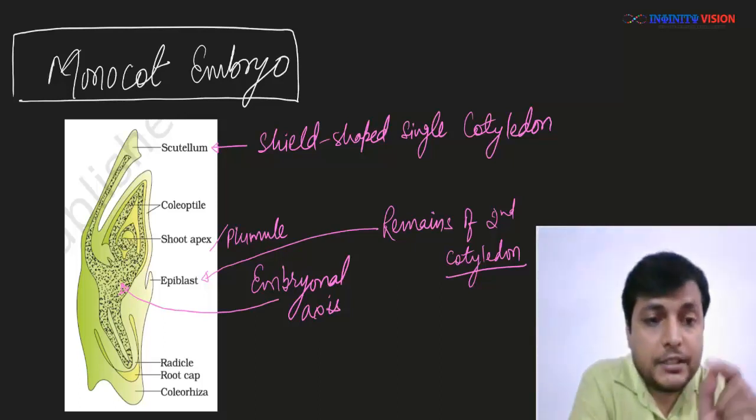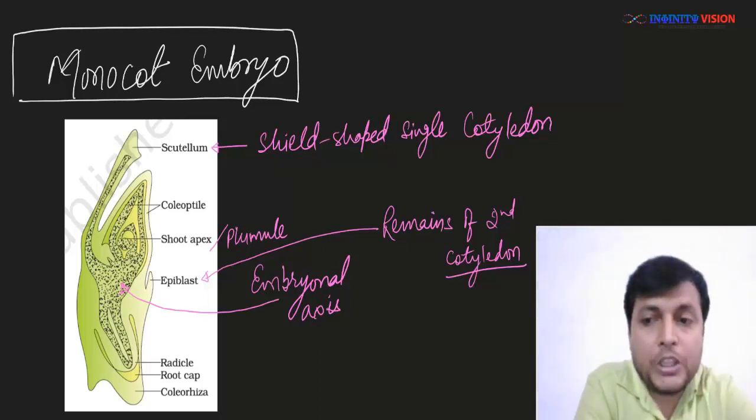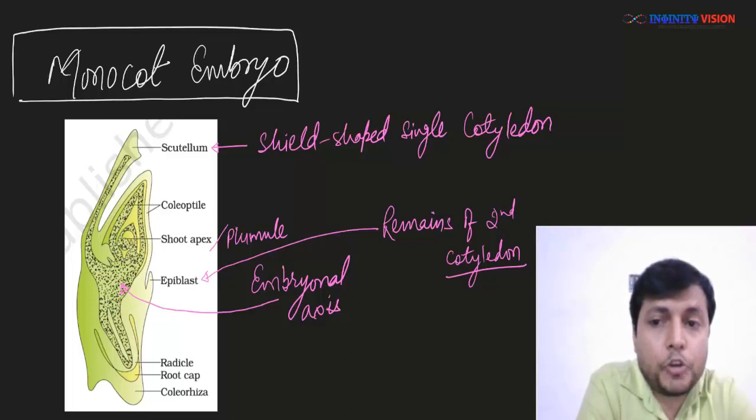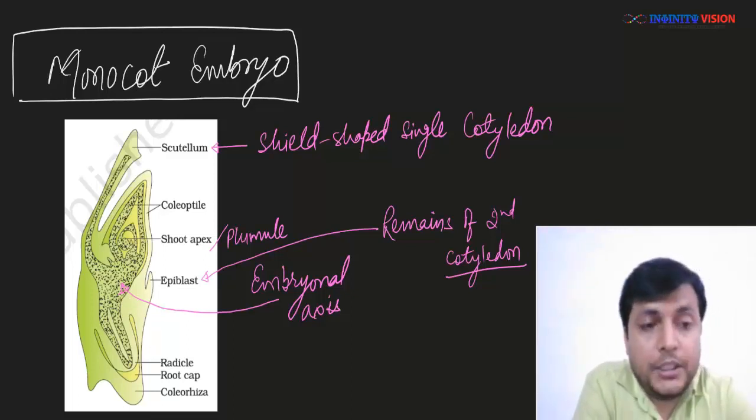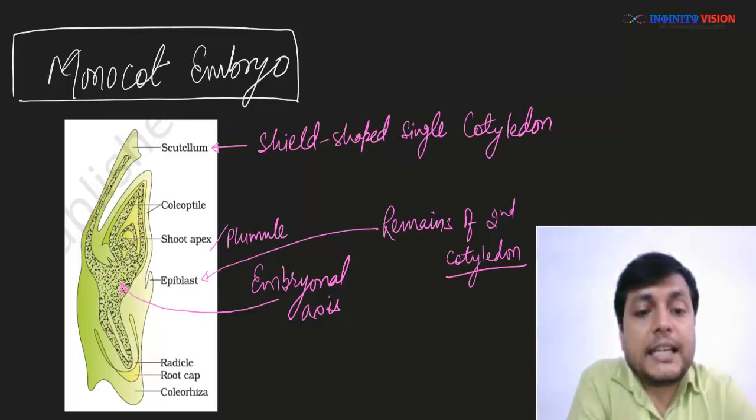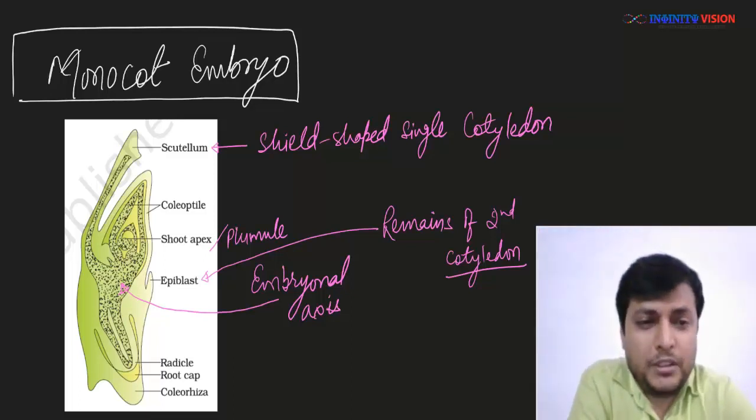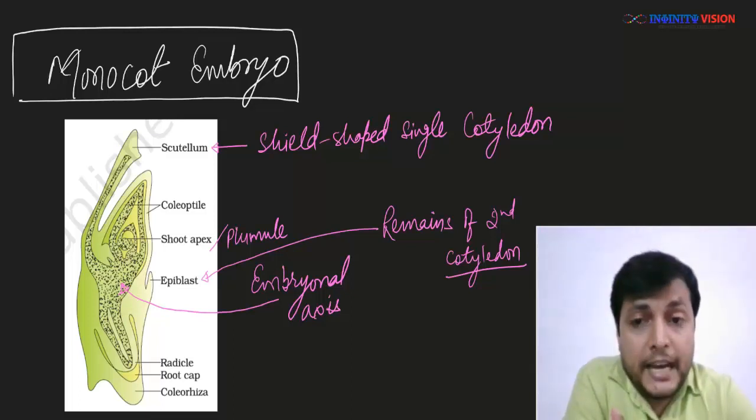Now, epiblast is a small flap-like structure originating from the monocot embryo. What is it? This is actually the remains of the second cotyledon. Now why does it come here? Listen, monocot plants have been developed from dicot plants.